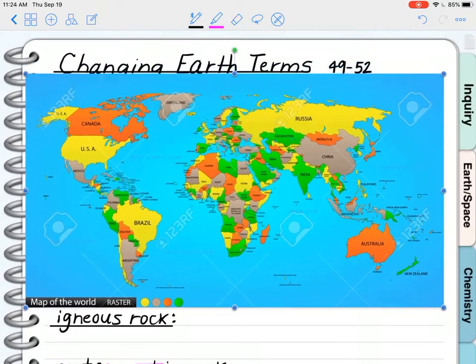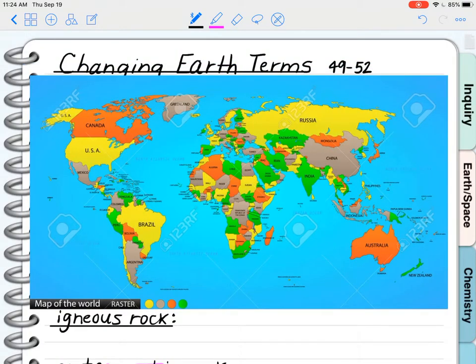This is a map of the world. So do you see how Australia, let's start down here with Australia, how Australia could have possibly fit right in here. You see this tip of India could have fit right into this space. That this edge of Brazil could have fit right in there, in this part of Africa.